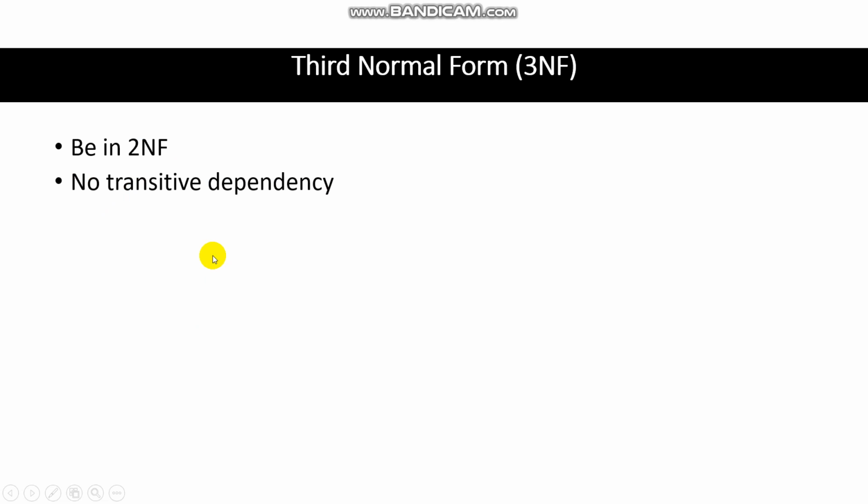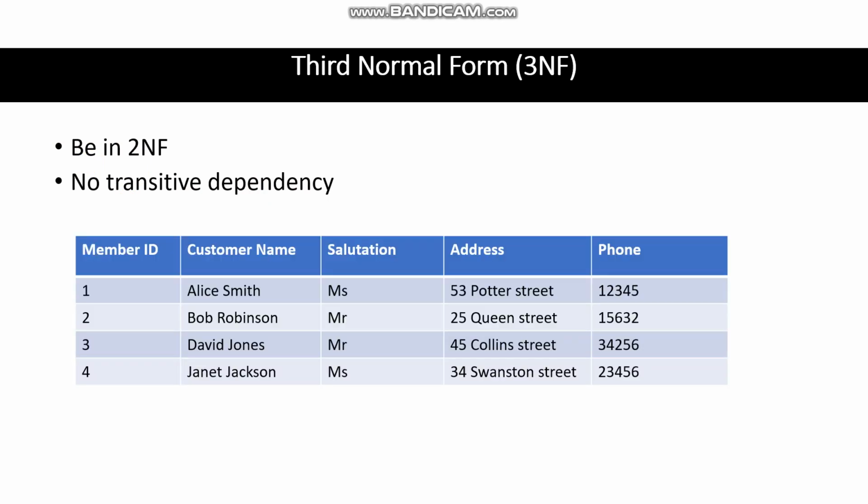Now moving on to the third normal form. The condition of the third normal form is that all the tables must be in 2NF and there should not be any transitive dependency. Now you might wonder, what is transitive dependency? Remember our customer table? It looked like this. In this case, the salutation column actually depends on the customer name.